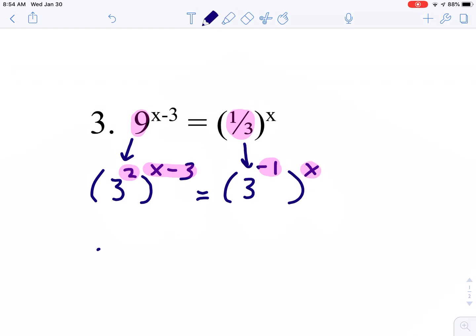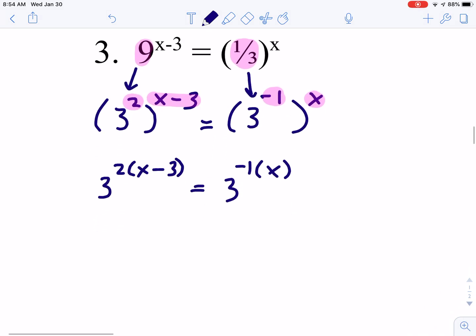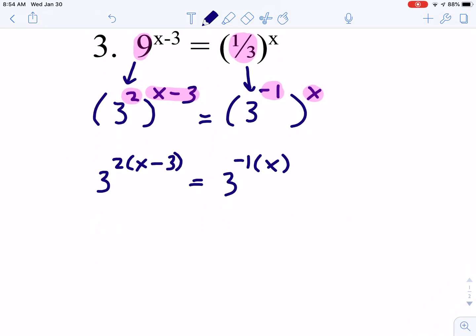So we get 3 to the 2 times x minus 3 equals 3 to the negative 1 times x. All right, since the bases are now the same, the powers must be equal. This will give you 2 times x plus negative 3 equals negative 1 times x.